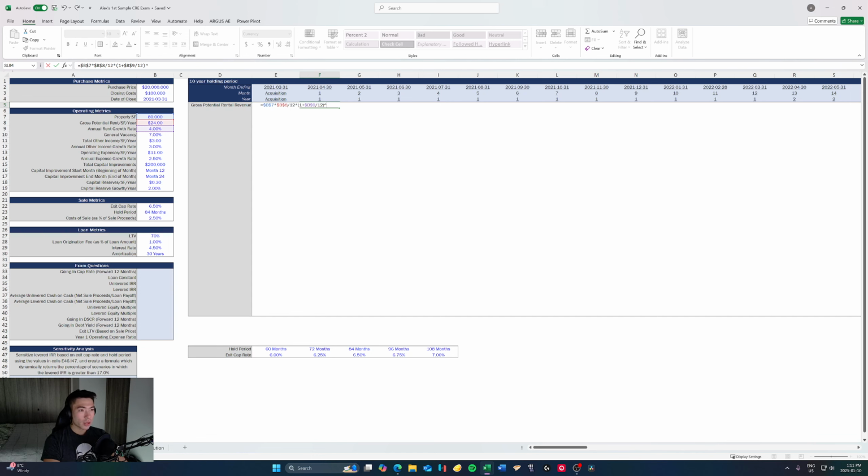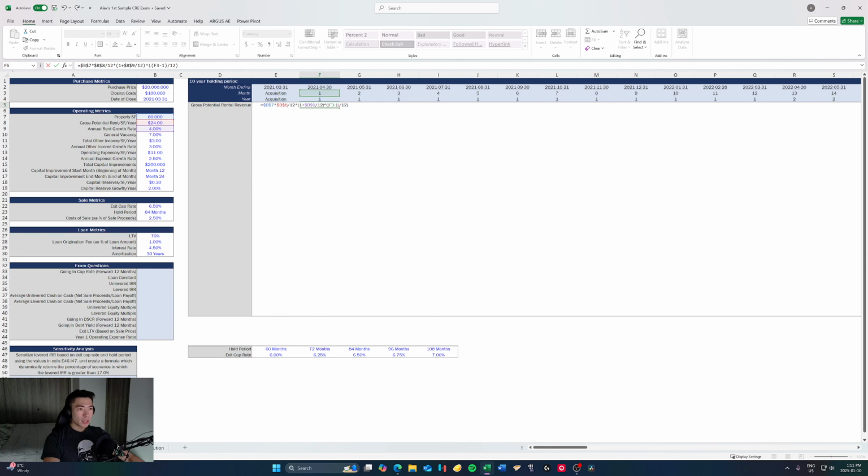And then we are going to do 2 brackets, and it's going to be this cell, so the month, minus 1. And then we're going to divide by 12. We're dividing it by 12 because this is the month number, and this lets us see the growth on a monthly basis.